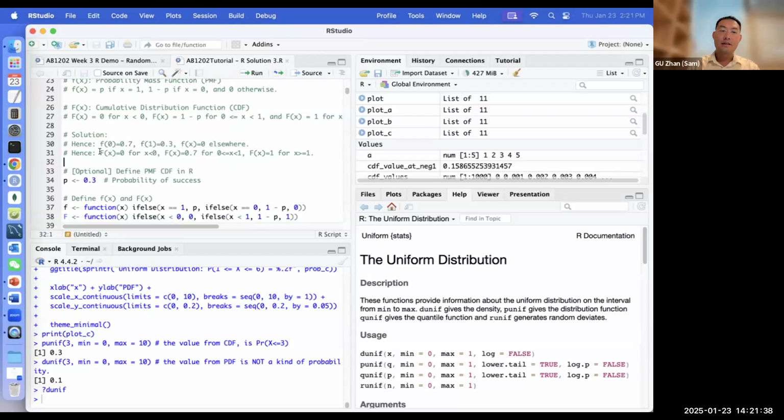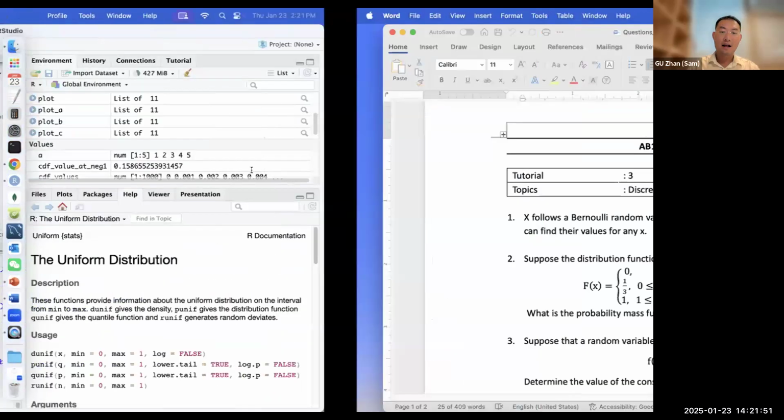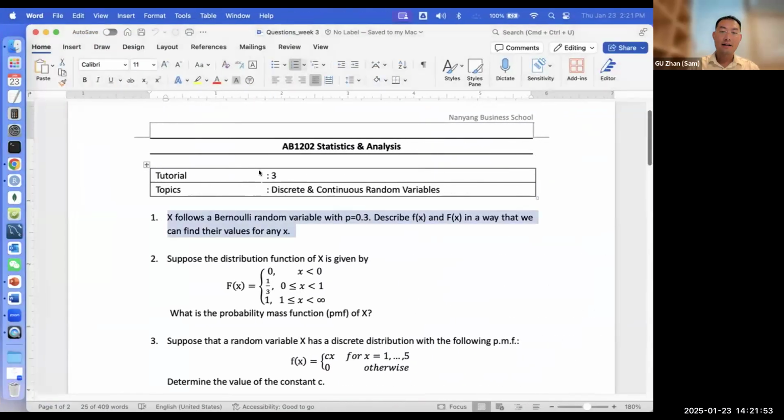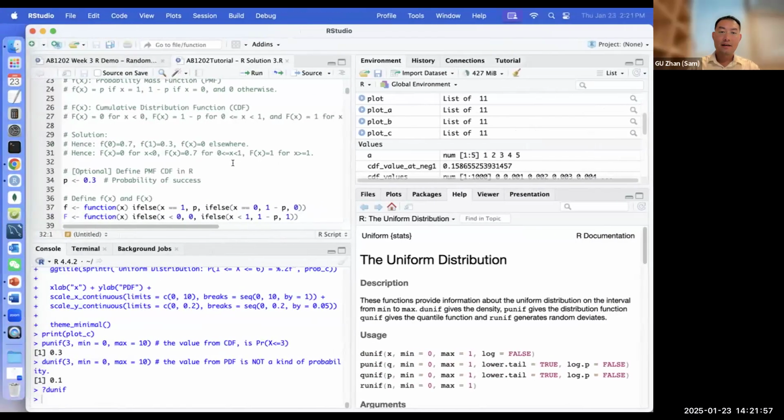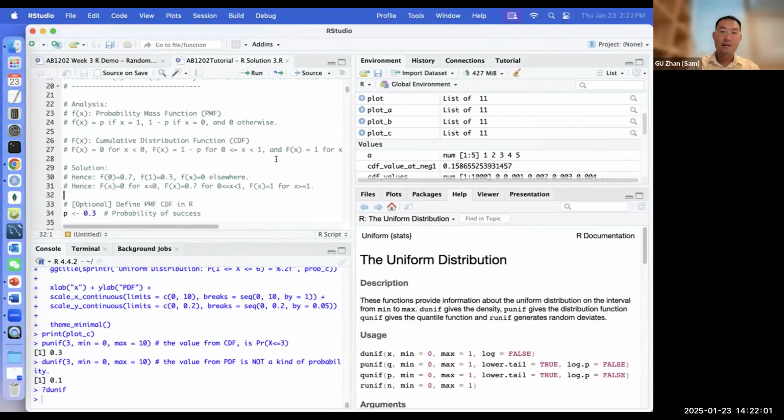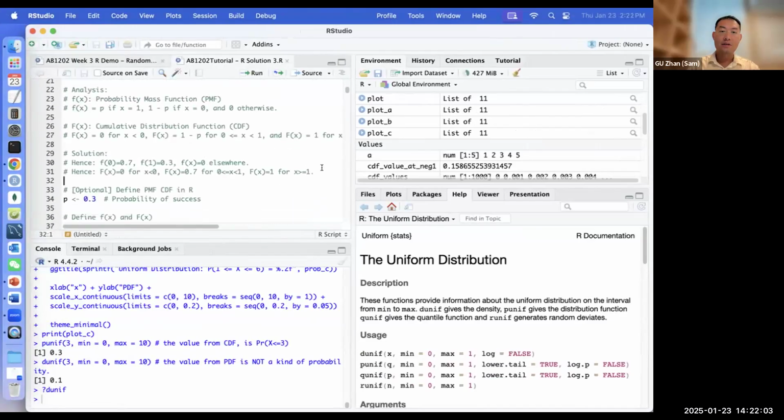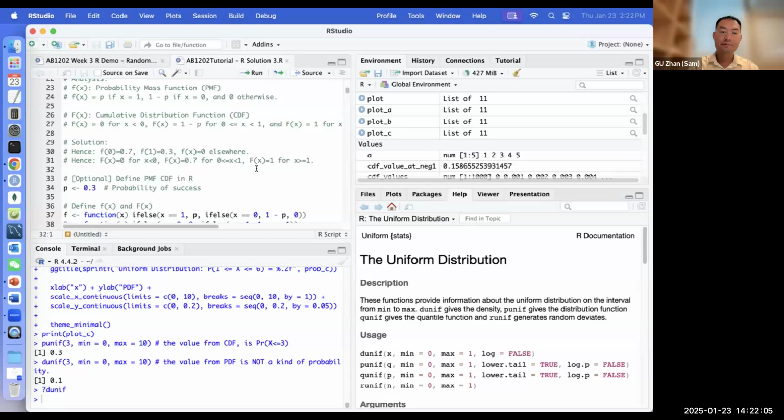Then for the cumulative CDF, x lesser than 0 is 0. X in between 0 to 1 is 0.7. And when x is greater than 1, then Fx equal to 1.